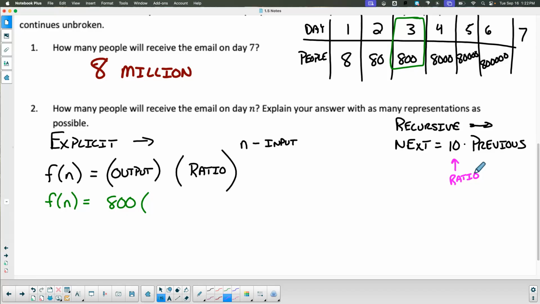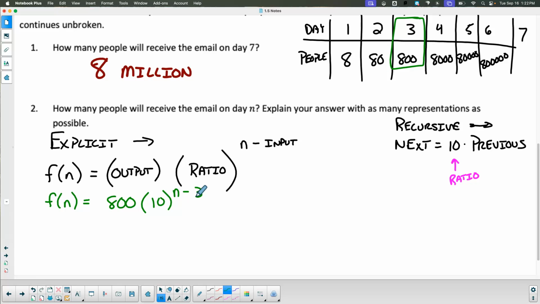So my ratio here is 10 to the n minus 3 power. Okay? Because if I stick 3 into that function, 3 minus 3 is 0. Anything to the 0 power is 1. 1 times 800 is 800, right? Okay, right?